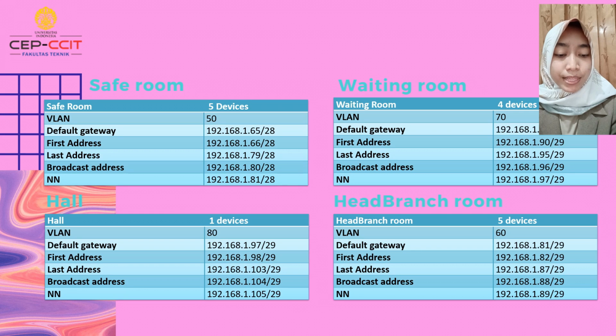And then the waiting room has 4 devices. Of them, namely, VLAN consists of 70. Default gateway consists of 192.168.1.89/29. First address consists of 192.168.1.90/29. Last address consists of 192.168.1.95/29.